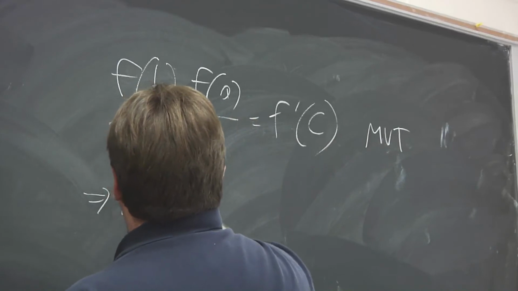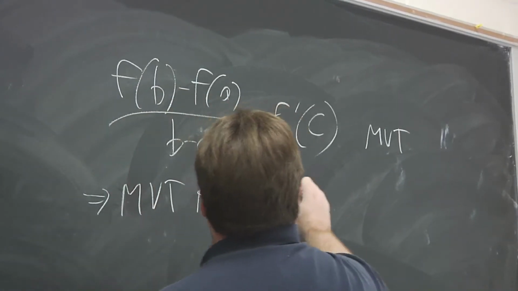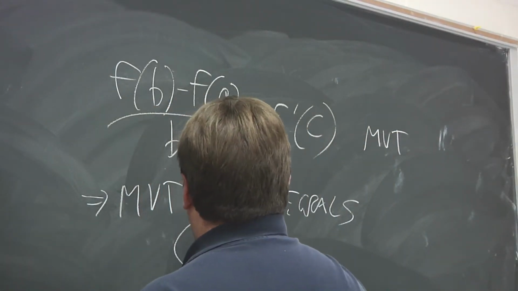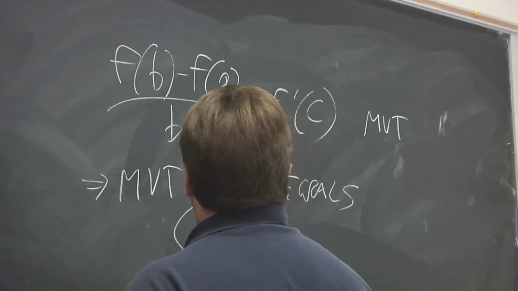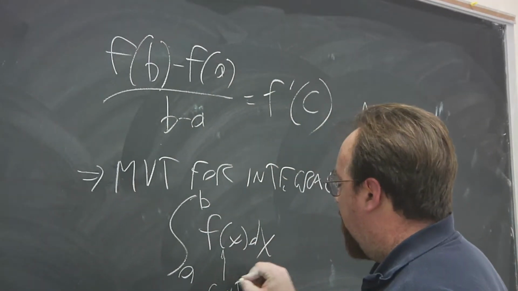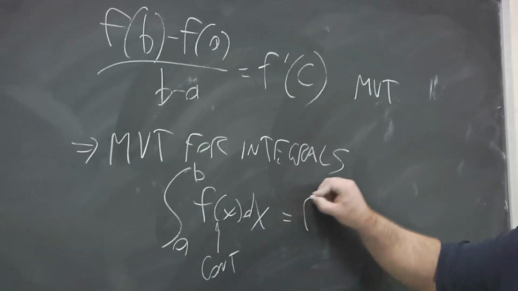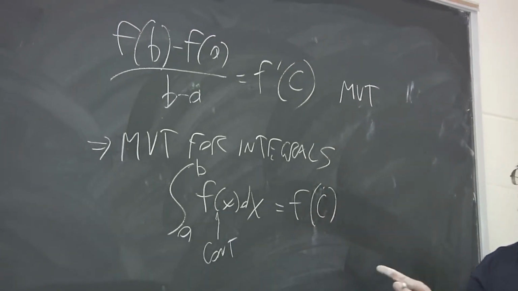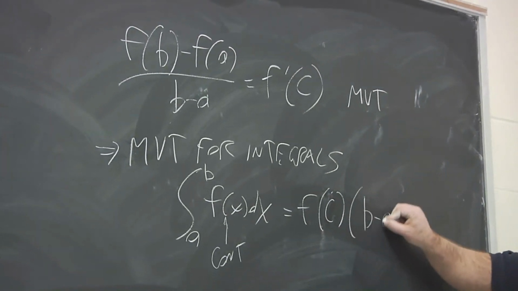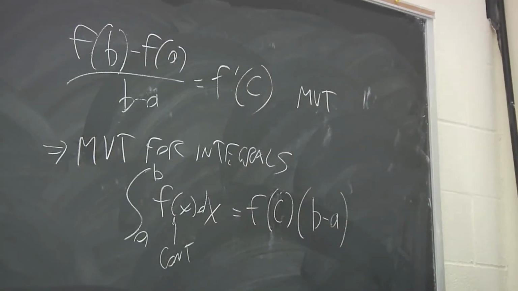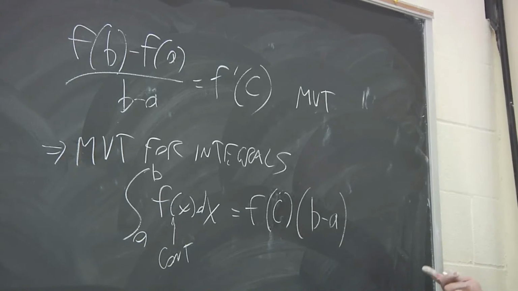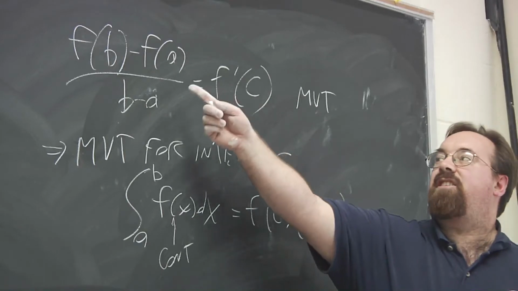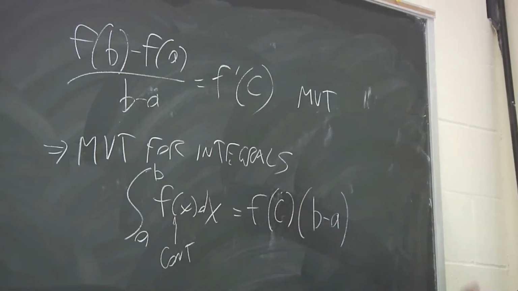This is closely related to the mean value theorem for integrals, which says that the integral from a to b of f of x, provided that f of x is continuous, is equal to the value of f at some point c times b minus a. You can get this directly from the mean value theorem by applying it to an antiderivative of f, and this ends up falling out.